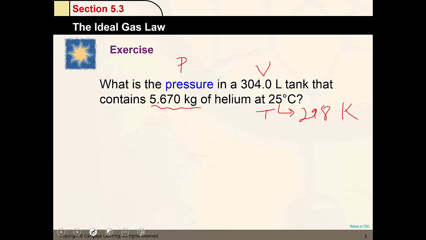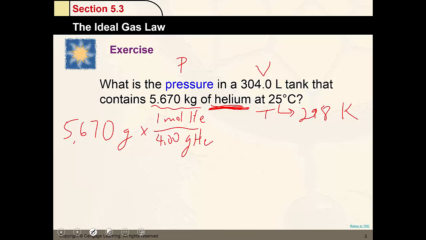Okay, so we already know kilograms to grams. There's 1,000 grams in 1 kilogram. So 5.670 kilograms is equal to 5,670 grams. And it says of helium, so here it's giving us that element, that gaseous element. And we know from our periodic table, for every 4 grams of helium, there's 1 mole.